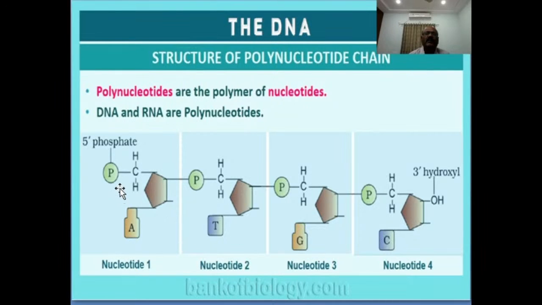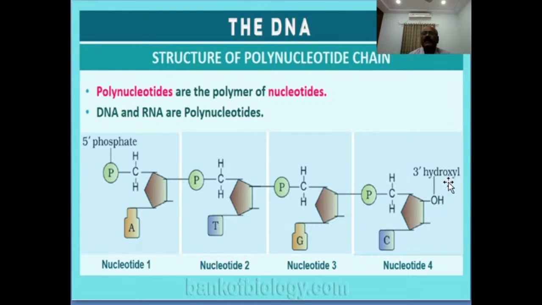You see here, the phosphate is connected to the fifth carbon of the deoxyribose sugar. That's why this is called 5 prime. So 5 prime is the starting point of the DNA chain.